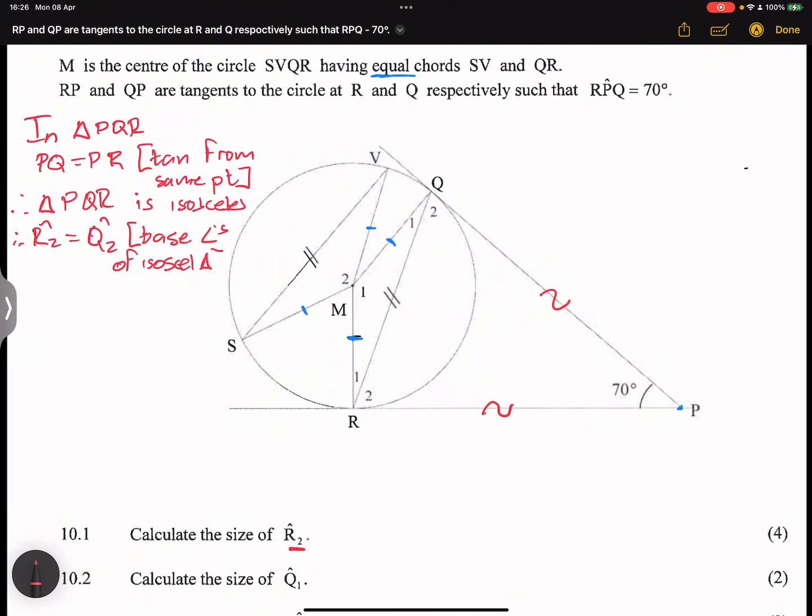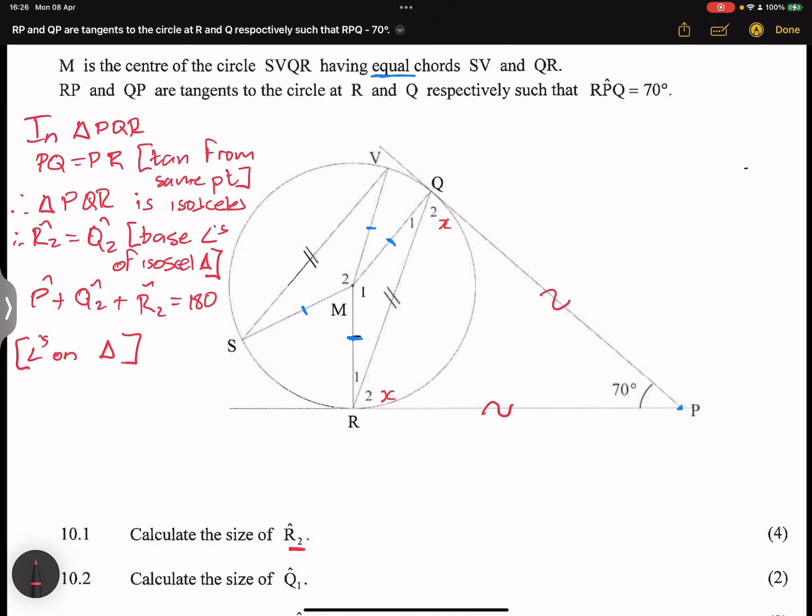Now, please, I want you to note, if we decided to call either one of them, let's call Q2 X. That means R2 will be equal to X. So therefore, angle P plus angle Q2 plus angle R2 is equal to 180. And why is that? We know that this is the sum of angles in a triangle.